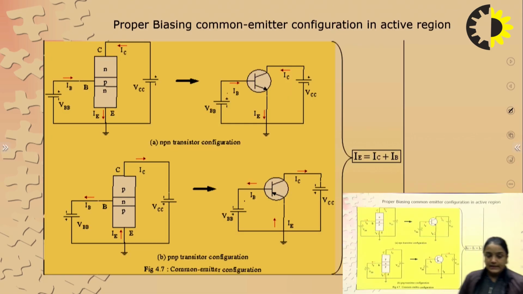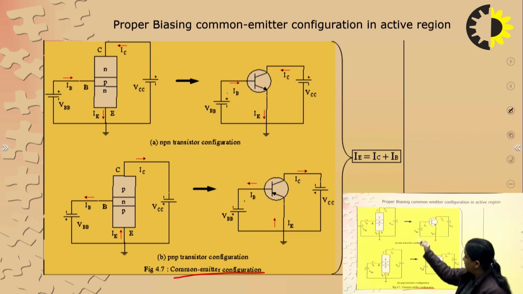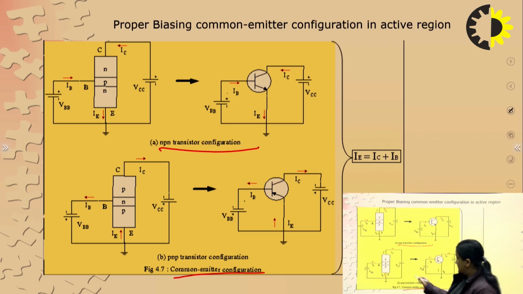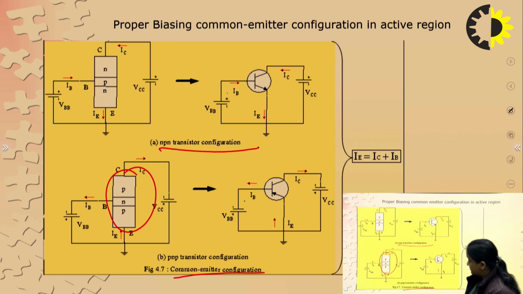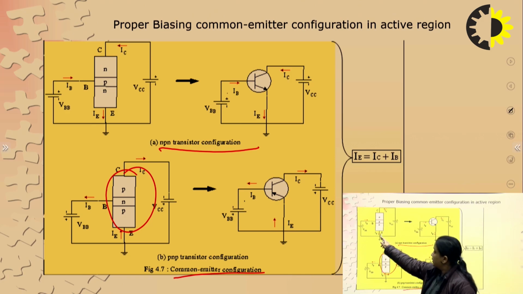This is the basic diagram of the common emitter configuration. This is the configuration for an NPN transistor, and this is the configuration for a PNP transistor. What we observe is that whether it is a PNP or NPN transistor, in common emitter configuration the emitter terminal is grounded.